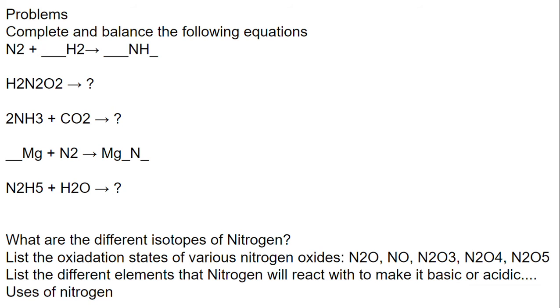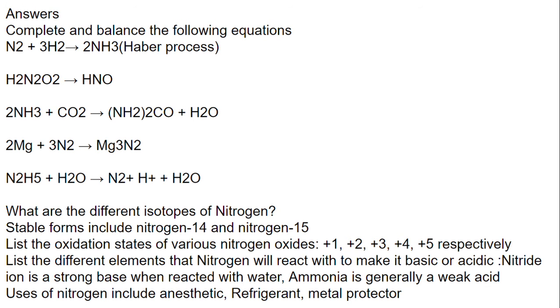Then their various oxides are given, and questions related to the uses of nitrogen. Here are given the completed, balanced reactions of the previous questions and problems. Now different isotopes of nitrogen and larger type of questions are given.